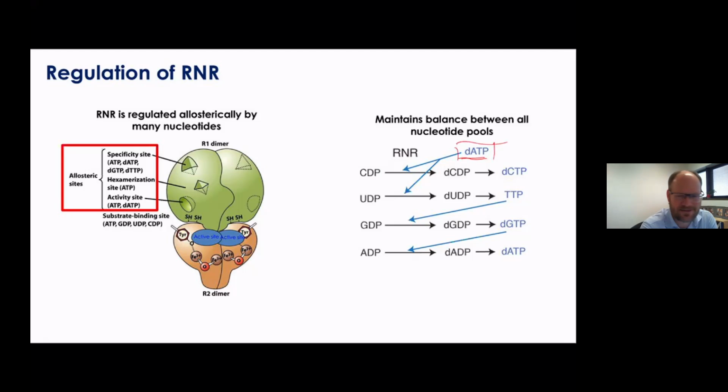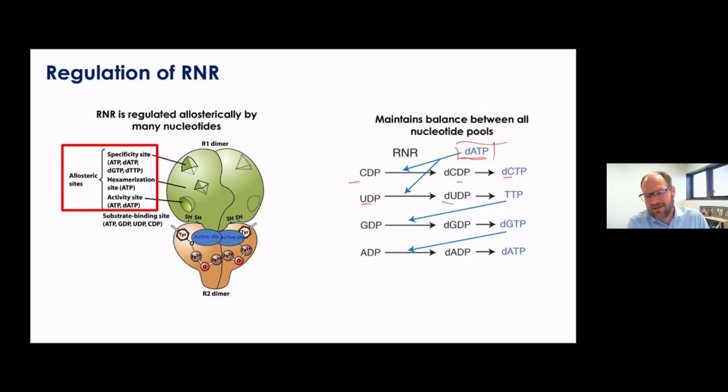There's this progressive action in the chemistry that starts with CDP, ultimately making deoxy-CDP, which is one of your products. The other is that you get uridine diphosphate, and this makes deoxyuridine diphosphate, and as we just saw, that's ultimately converted into thymidine.